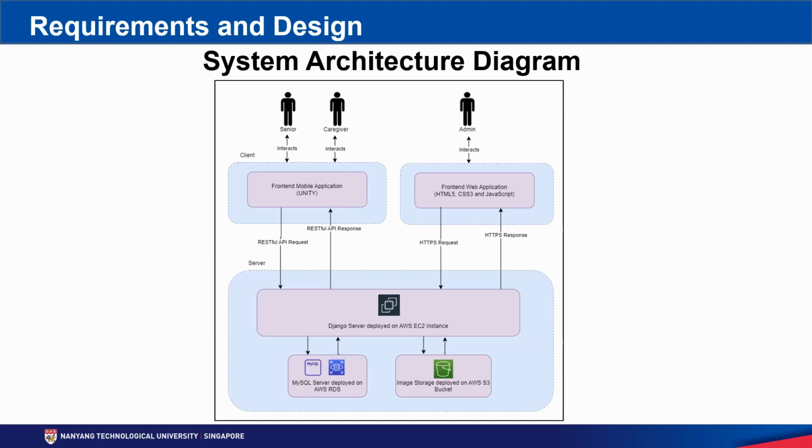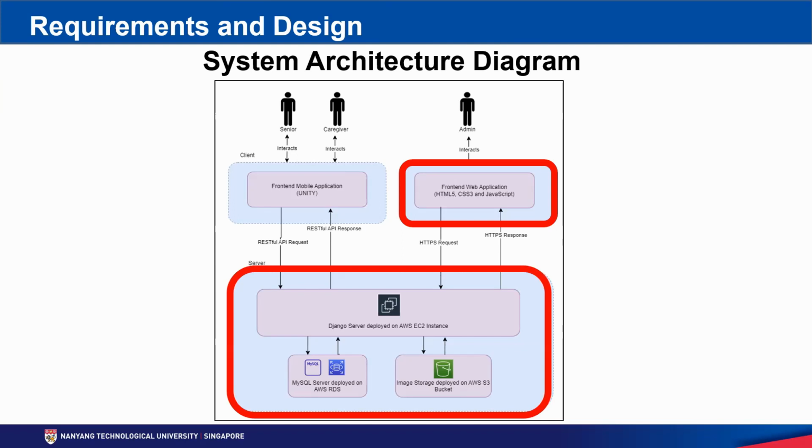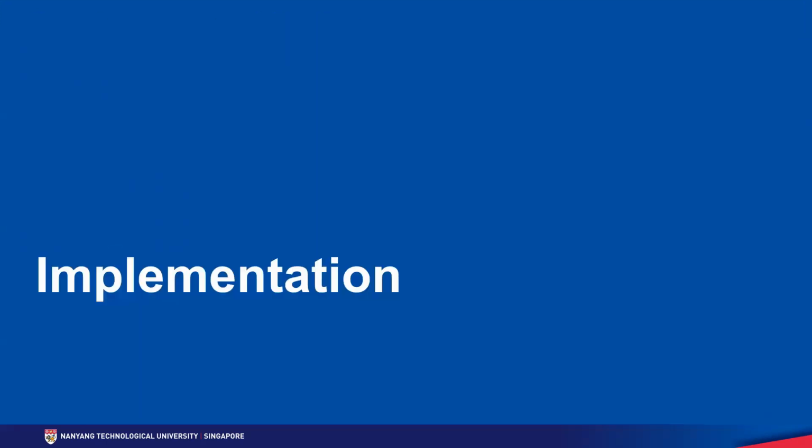These 2 client-side components will interact with the third component, which is the back-end server. The back-end server is developed using Django and deployed on AWS EC2 instance. The database used is the MySQL, deployed on AWS RDS. The file storage used is the AWS S3 bucket. In this project, the main focus will be on these 2 components, which is the front-end web application and the back-end server. Now, I'll talk about implementation.